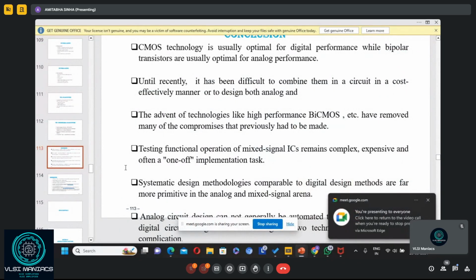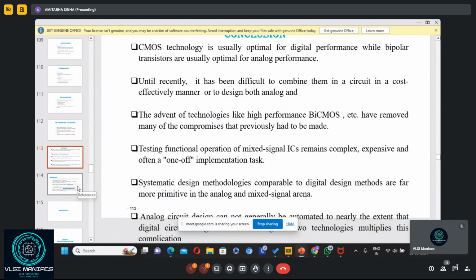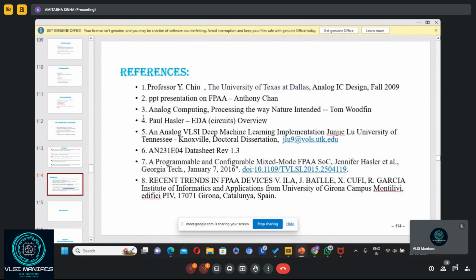So this is about field programmable analog arrays, and these are the references. This paper is a very good paper: Analog computing, processing the way nature intended.